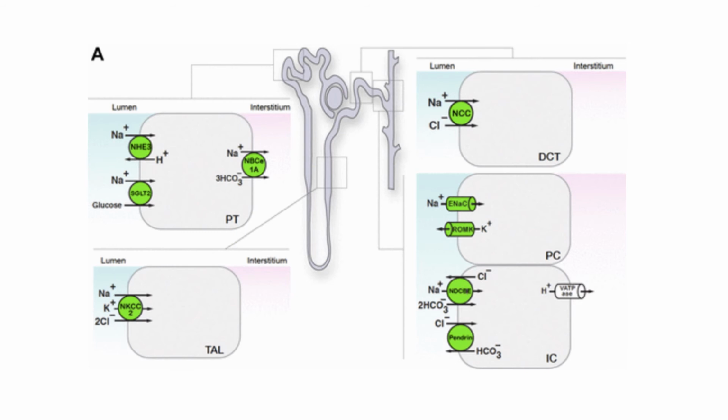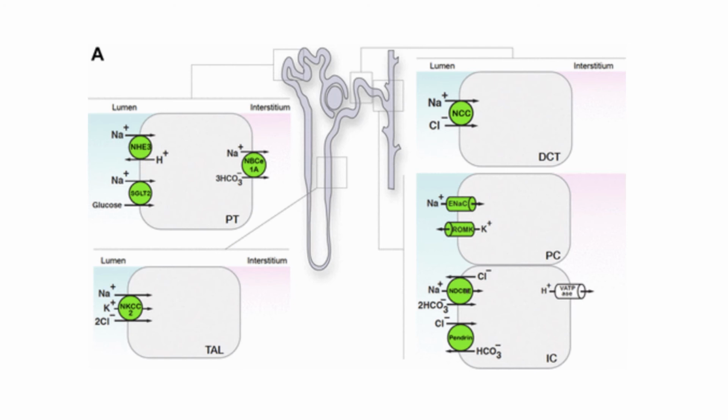Now this hydrogen and potassium compete with each other for sodium exchange. These cation exchange processes are competitive, that is, potassium competes with hydrogen for sodium, and this process is enhanced by aldosterone.